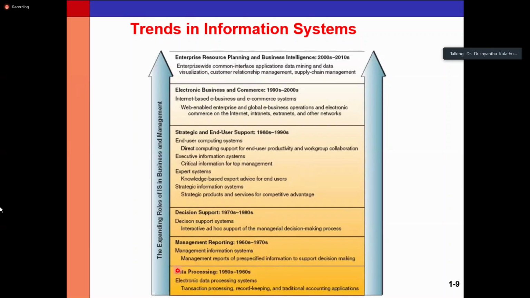There the organizations focused on something called data processing. They wanted to process data utilizing the computers which they had during this particular time. So the systems that were utilized were categorized as electronic data processing systems.